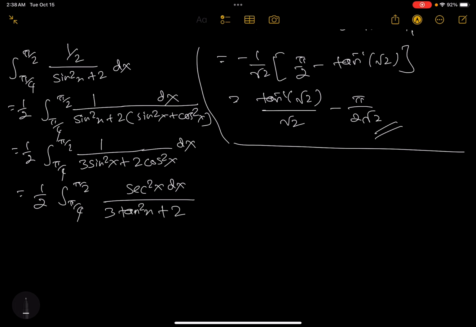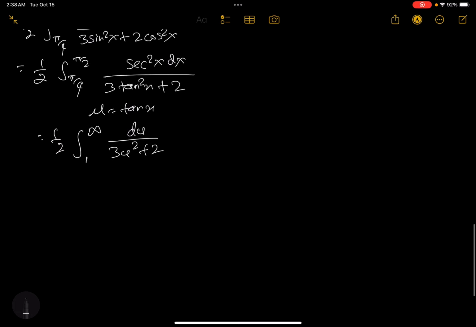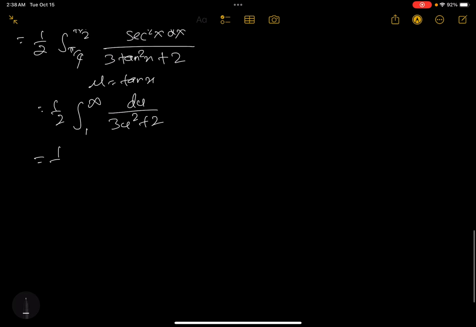Now if you make the substitution that u is tan x, you get half, from 1 to infinity, of du by 3u square plus 2. Now if you integrate this, you will have half, 1 by a tan inverse x by a, times the inverse of the coefficient of u, from 1 to infinity.